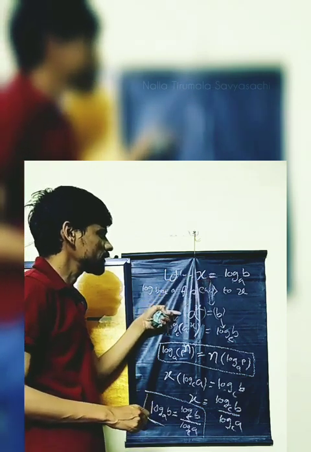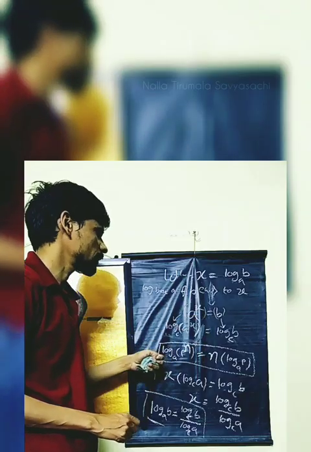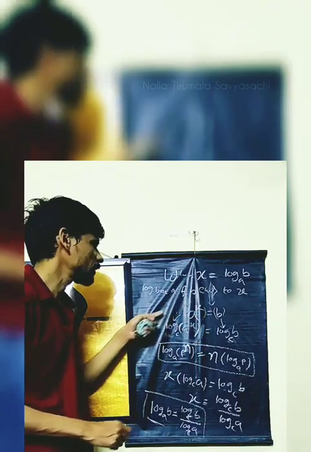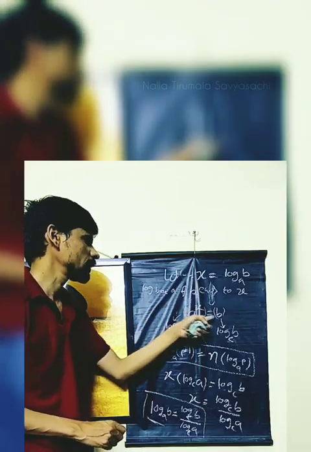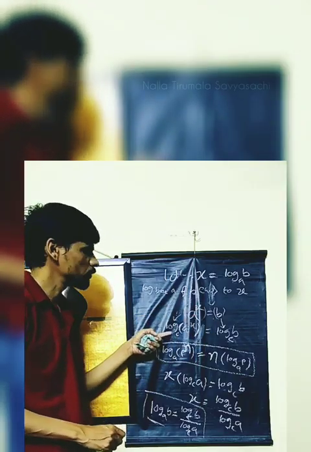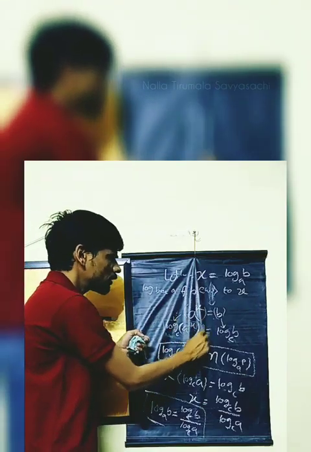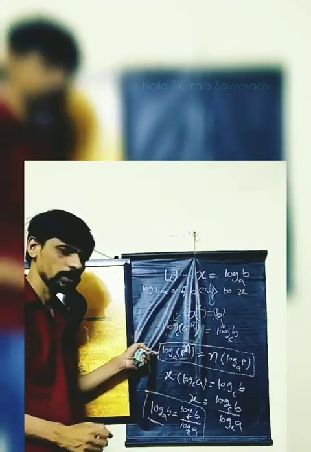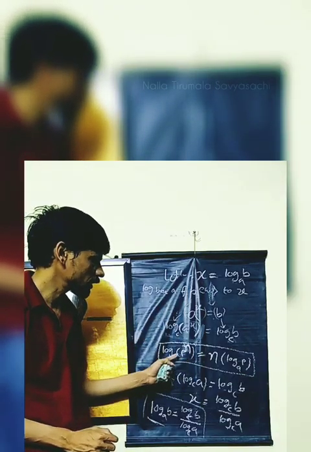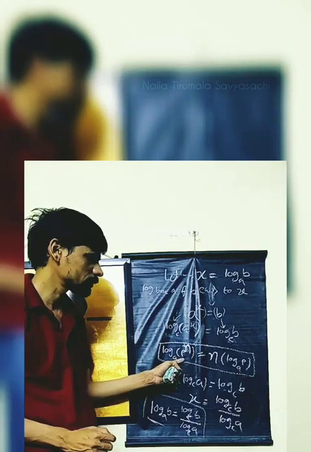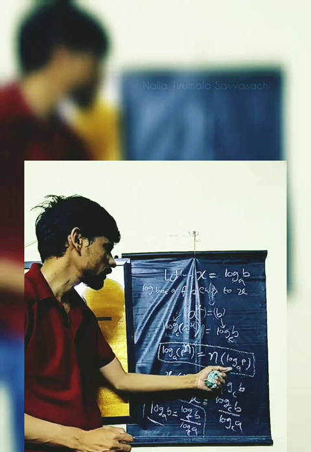This can be represented in the normal way as a power x equals b. Then we took the log on both sides with base c, and this part looked like our logarithmic law, log a of p power n equals n log a p.